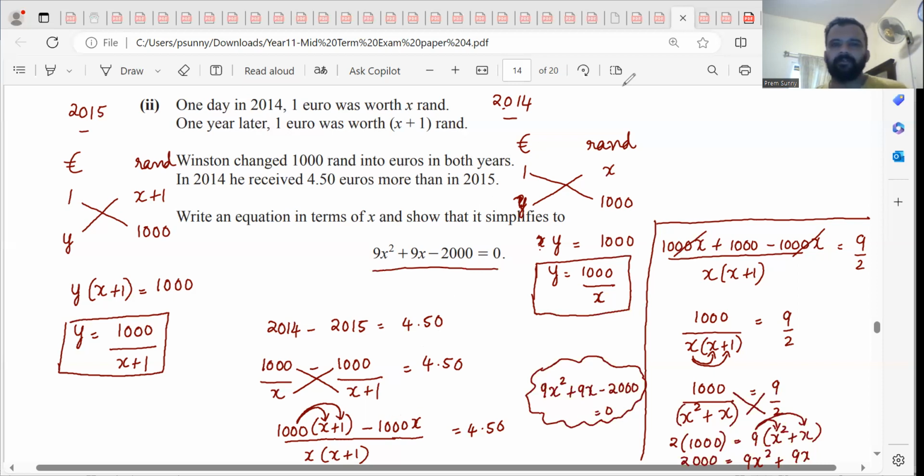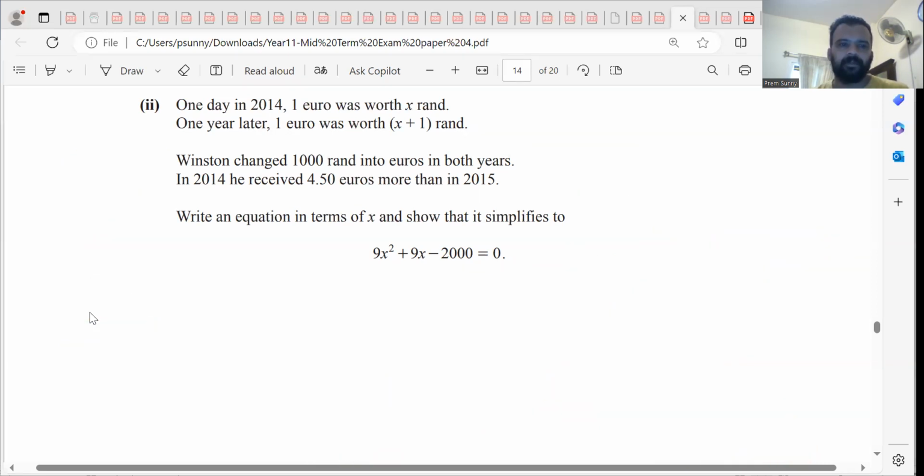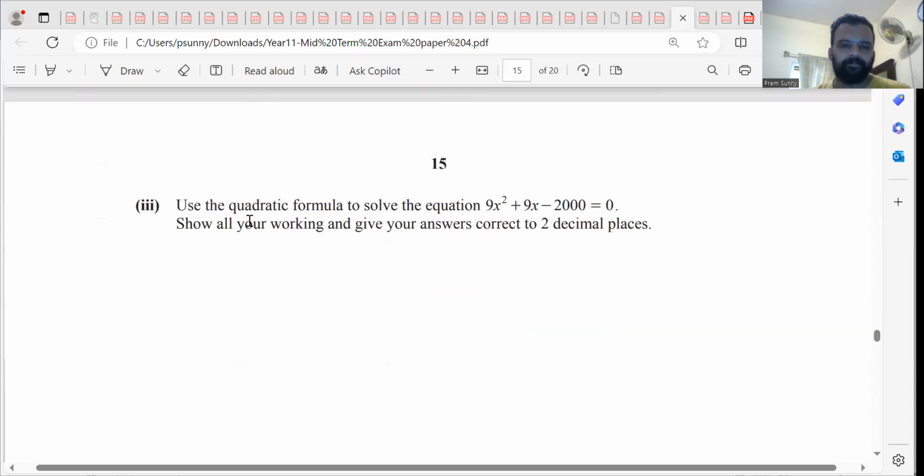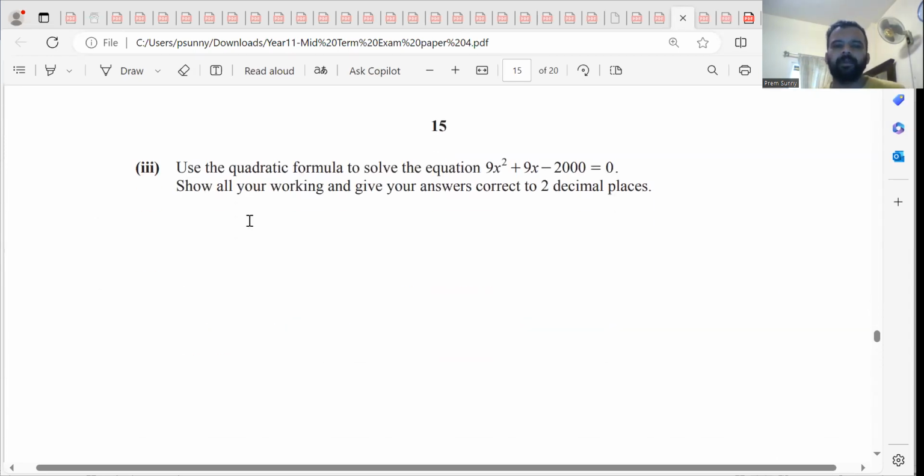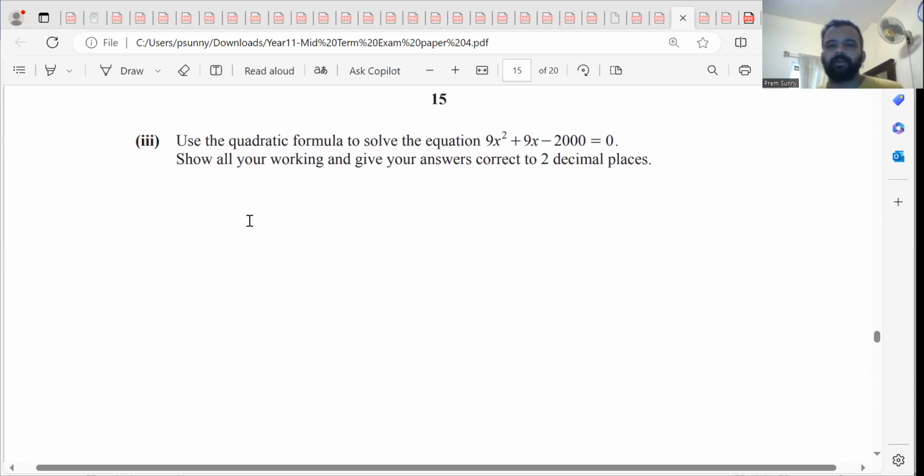Now finally, we have the last part of this. That is, use the quadratic formula to solve the equation 9x square plus 9x minus 2000 equal to 0.